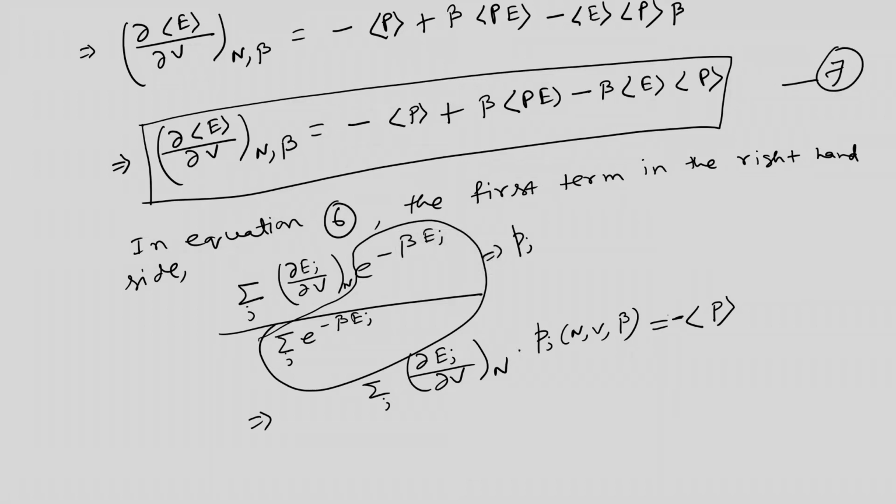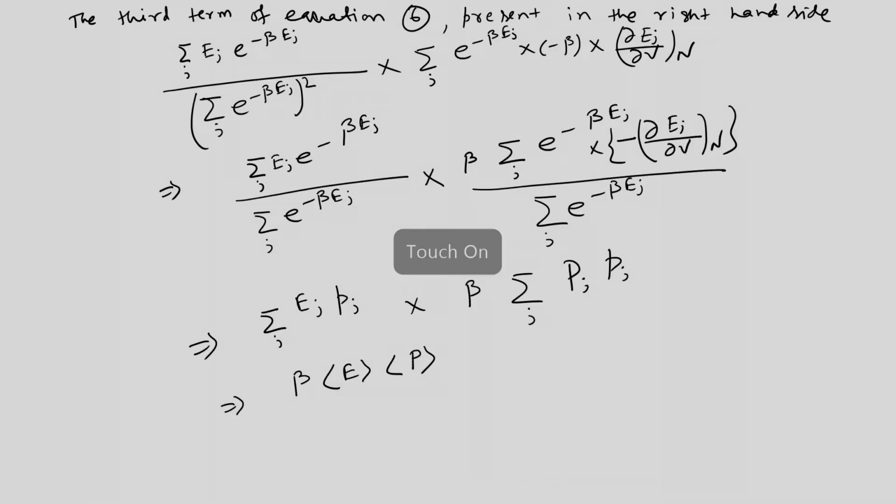Now, what we do? We consider average pressure, and we will differentiate pressure with respect to beta. So, we start with average pressure.